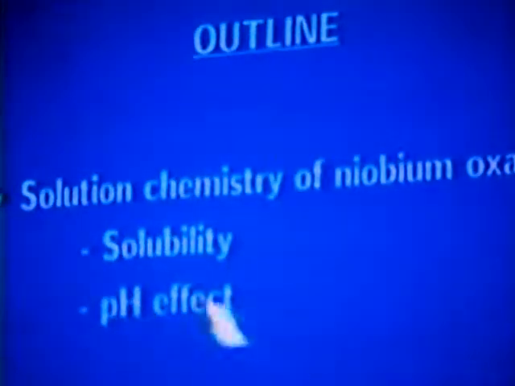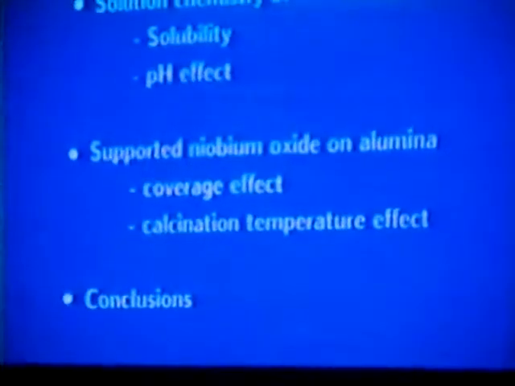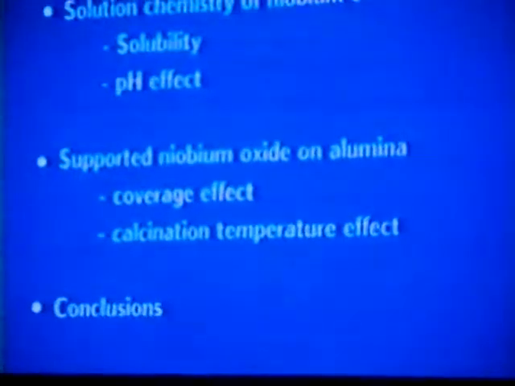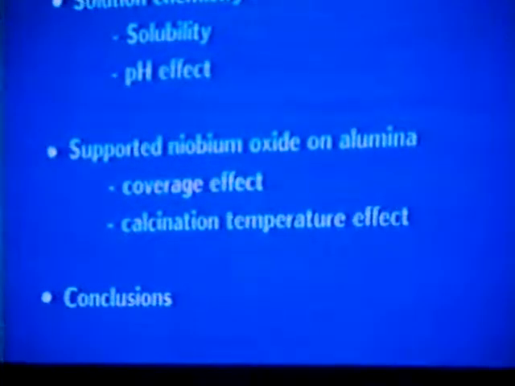We are using Raman spectroscopy to study the solution chemistry of niobium oxalate with respect to solubility and pH. We also study the coverage effect and the calcination temperature effect on supported niobium oxide on alumina by using Raman spectroscopy.